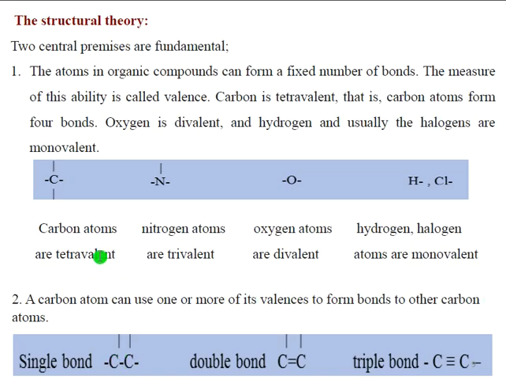The carbon can make a bond with carbon and with other atoms, or can make a double bond with the neighboring carbon, or can make three bonds, but all of them are tetravalent.